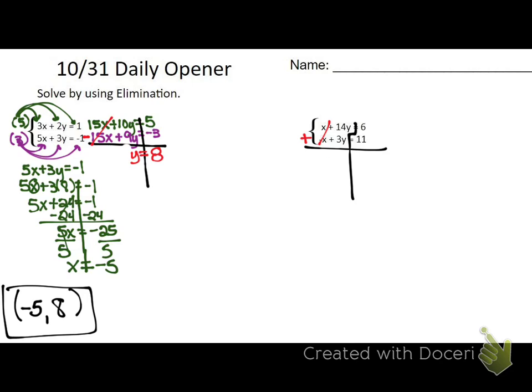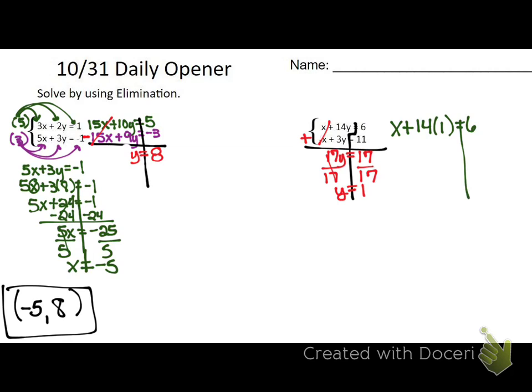17, 13. 13 divided by 17... Y equals 1. Okay, Josh, solve for x. I took the top problem. So I did x plus 14, and then swapped out y for 1, equals 6.